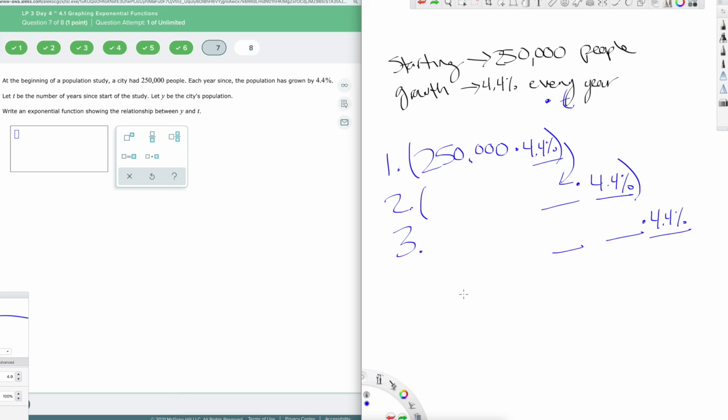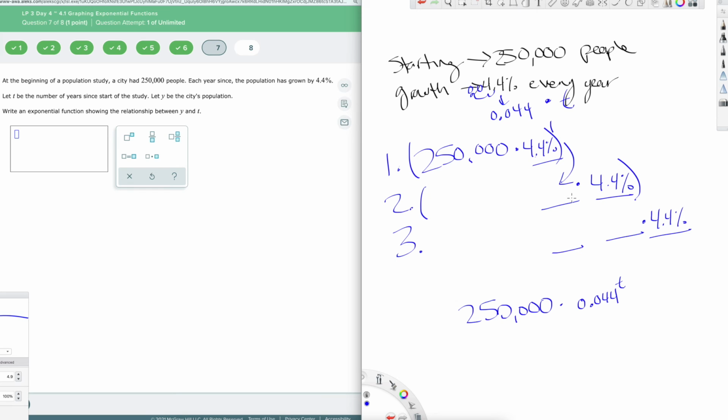So what we're going to do is the beginning amount times the percentage, and we want to make sure we change this. We don't want 4.4%. We want to move the decimal back, so we have 0.044, to the t. t is the number of years, so remember if I had 1 year, I had one 4.4.